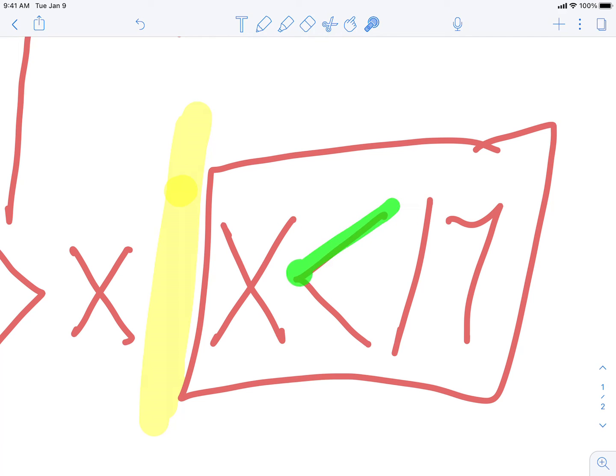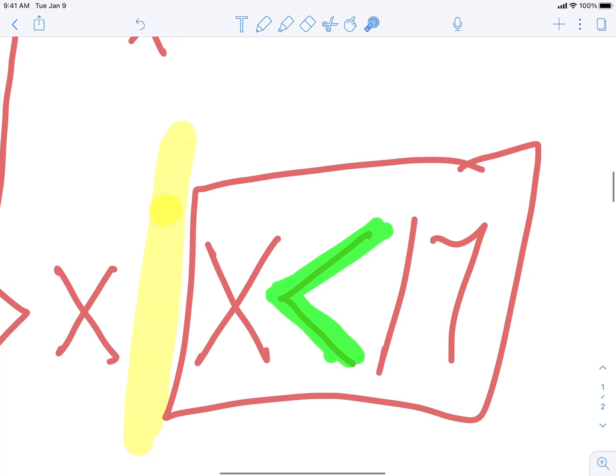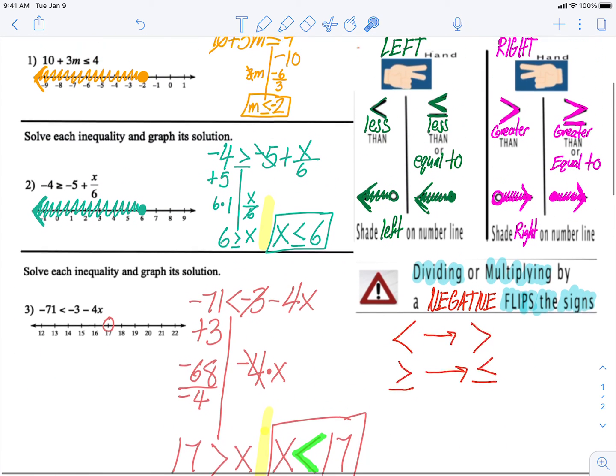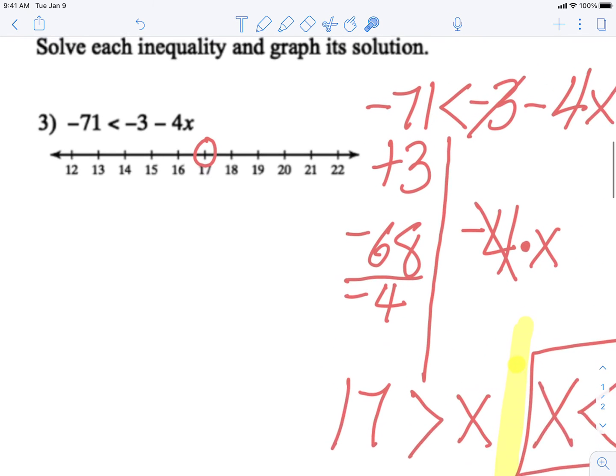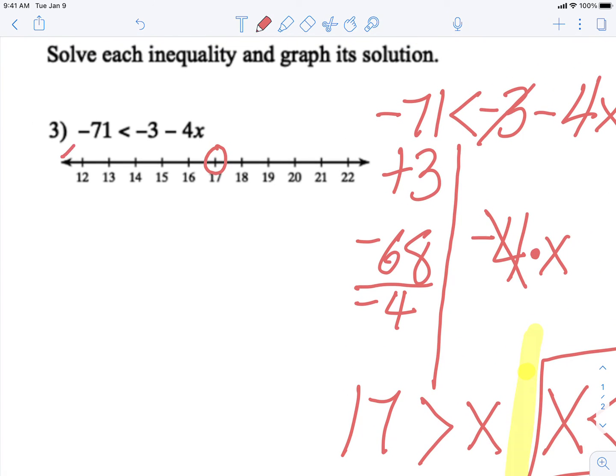And which hand do I use to make this arrow here? I use my left hand. There it is, look. Left hand. So I'm going to graph left. So I graph left, and there you are.